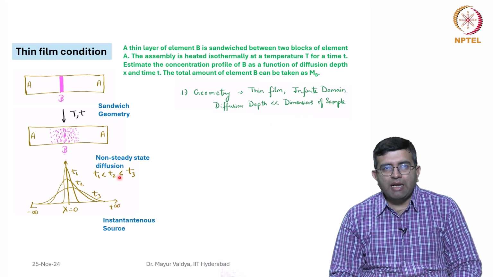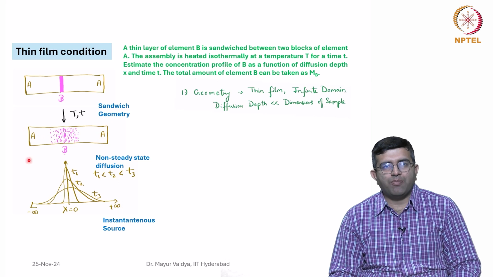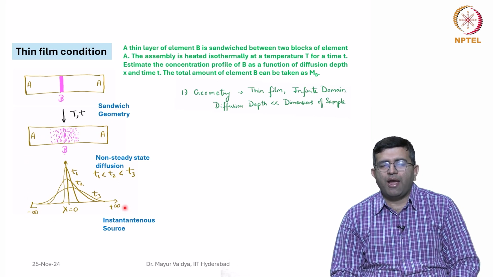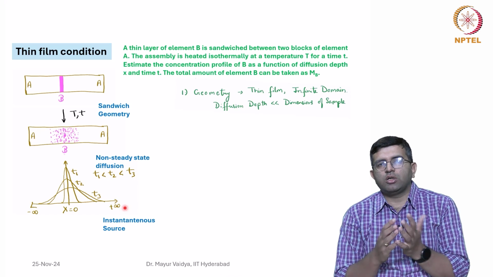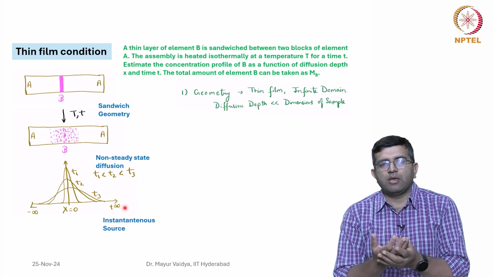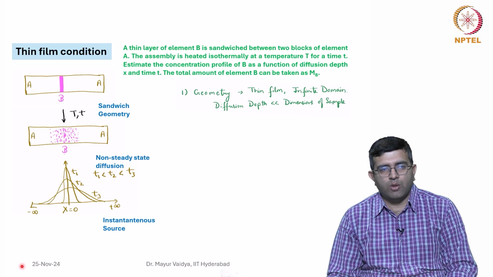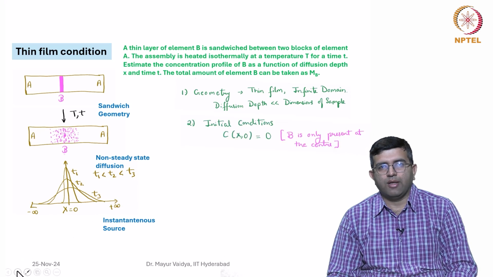So mathematically, the endpoints of the sample can be represented by minus infinity and plus infinity, and it gives us a huge ease in solving the mathematical differential equations. We will see how very shortly.